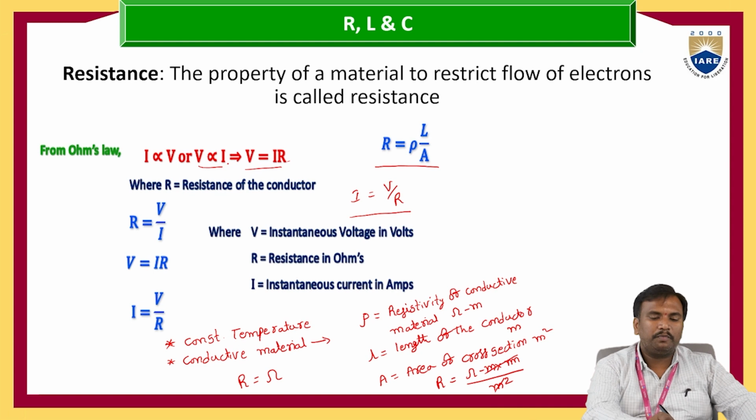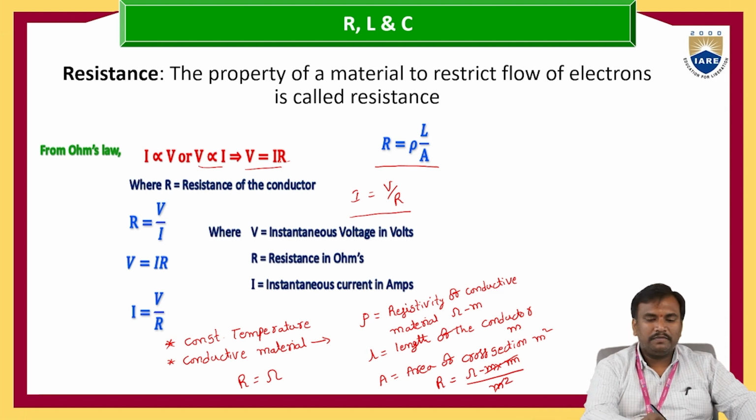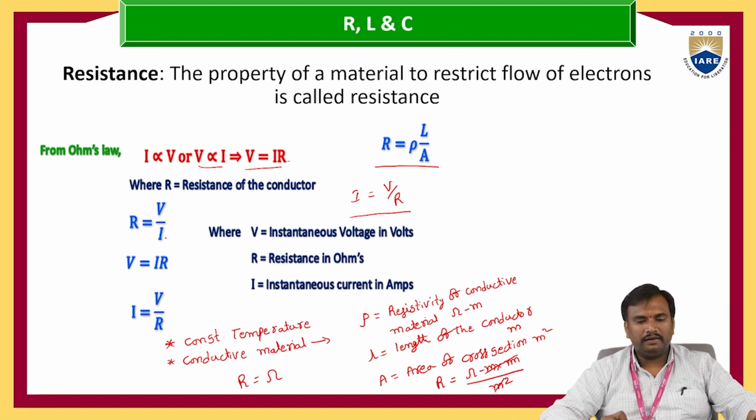That is, V is proportional to I, where V is equal to IR, where R is the resistance of the conductor. From this, we get R is equal to V by I.